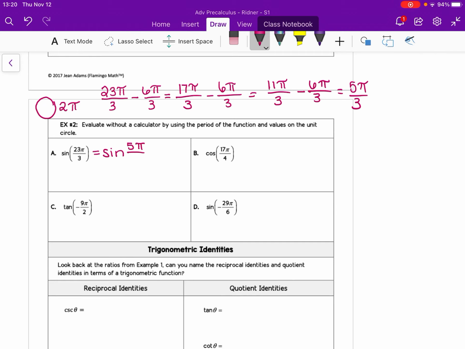So sine of 5 pi over 3. If you look on your unit circle, the y value at 5 pi over 3 is negative square root of 3 over 2. Please realize it is not uncommon to have that unit circle memorized.